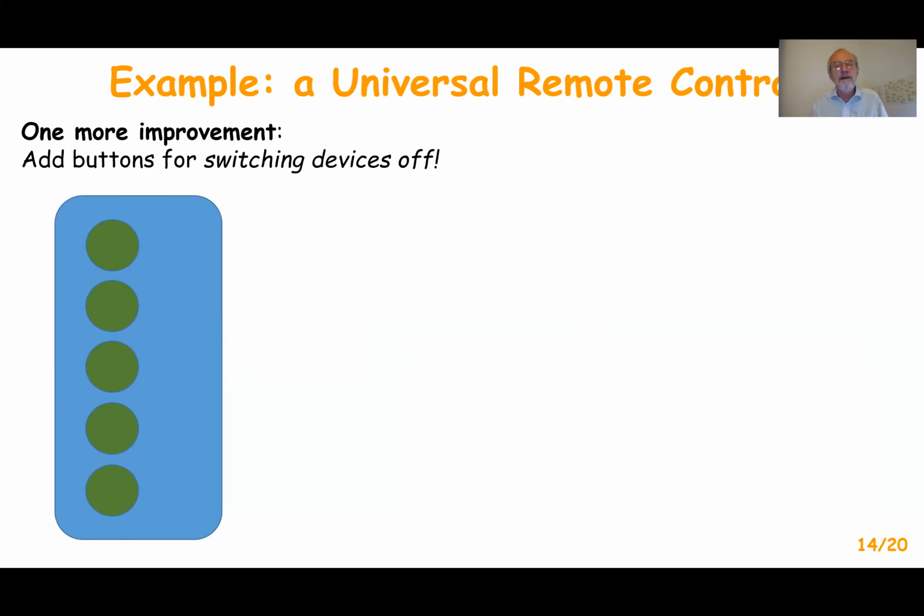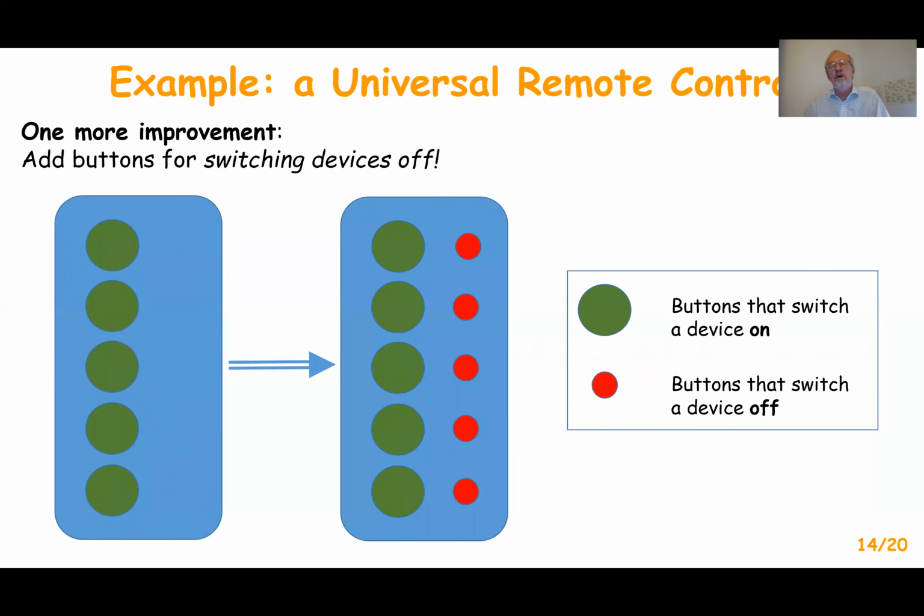So let's consider the improved version of our device. Suppose we have 5 buttons that switch various devices on, and corresponding 5 buttons to switch them off. Okay, this is an obvious and very useful improvement, isn't it? And the question is, how could we program such a device? Look at the next slide.